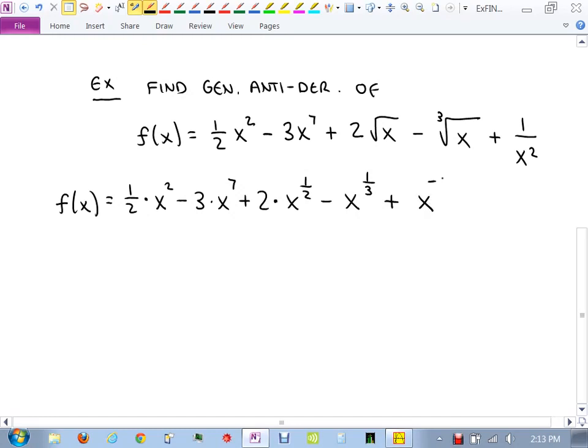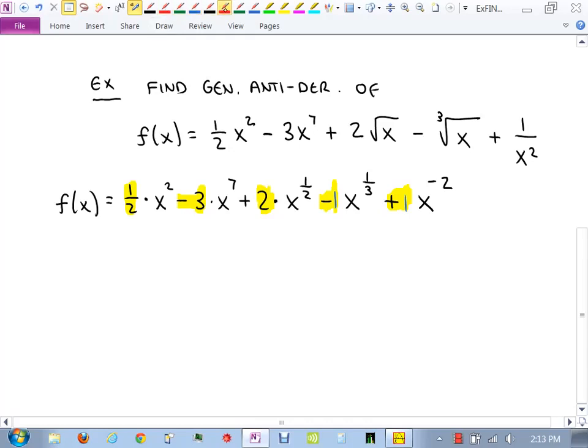X to the negative 2, right? Now I'm going to highlight where I have constants in front of functions. We're almost looking at this like there's a 1 there and a 1 there, right? So those are all my constants sitting in front of my powers.